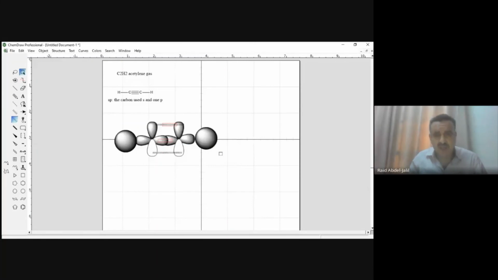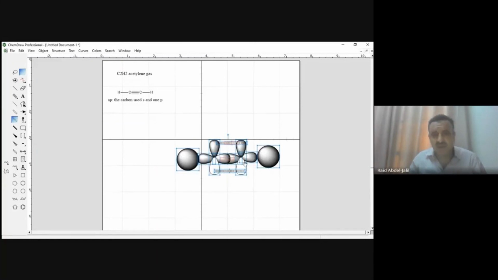In order not to complicate the picture here, I'm not going to draw the third p orbital, but I just want you to imagine it. It's perpendicular to this plane, so it's coming toward your vision and backward your vision, and there will be another p orbital, but there will also be overlapping between this carbon and that carbon.